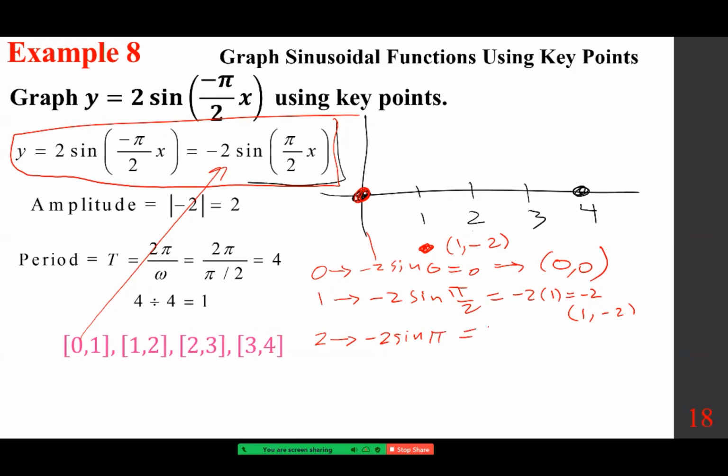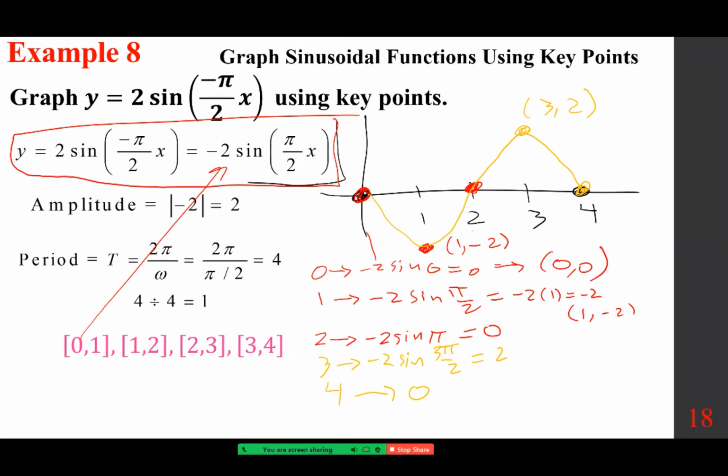Sine of pi is 0 times negative 2 is 0. If I plug in 3, I get minus 2 sine of pi over 2 times 3, which is 3 pi over 2. Sine of 3 pi over 2 is negative 1 times negative 2 makes it positive 2. So we get 3, 2. And then if I plug in 4, I hope you realize it gives you 0.